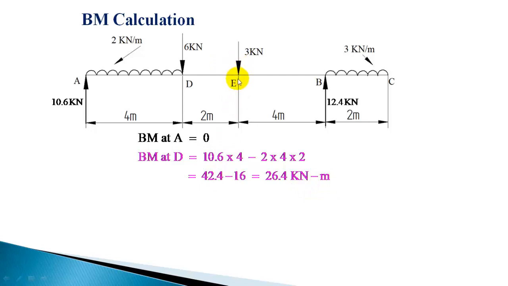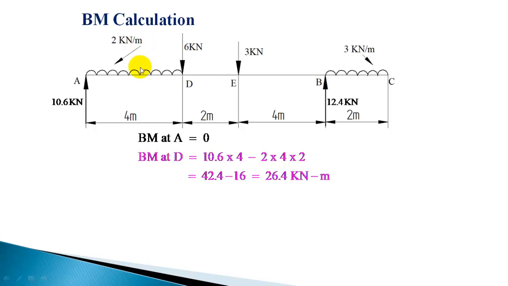Next, bending moment at E you can calculate. Bending moment at E is going to be 10.6 into 6, this is producing clockwise moment, and again 2 into 4, 8, the resultant load, into the distance from E, which is going to be 2 plus another 2, that is 4 meter.